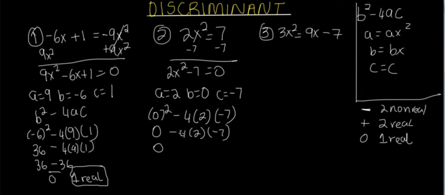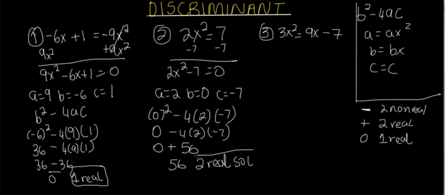So I'm dropping down my 0. Negative 4 times 2 is negative 8. Negative 8 times negative 7 is a positive 56. Add these two, you get 56. So this is a positive answer. Because it's positive, I know I'm going to expect two real solutions.